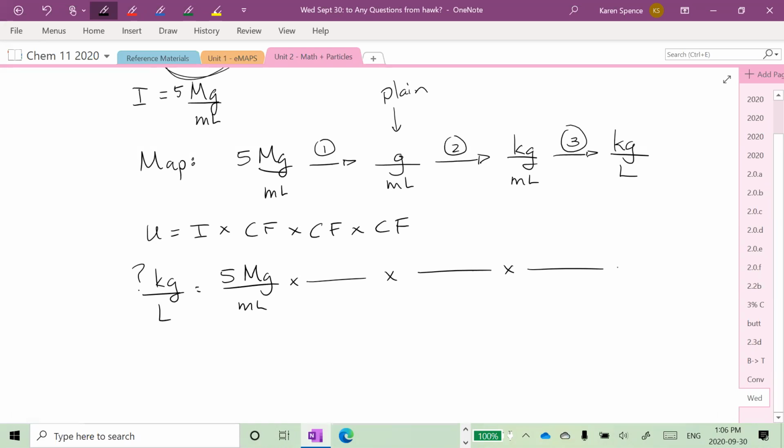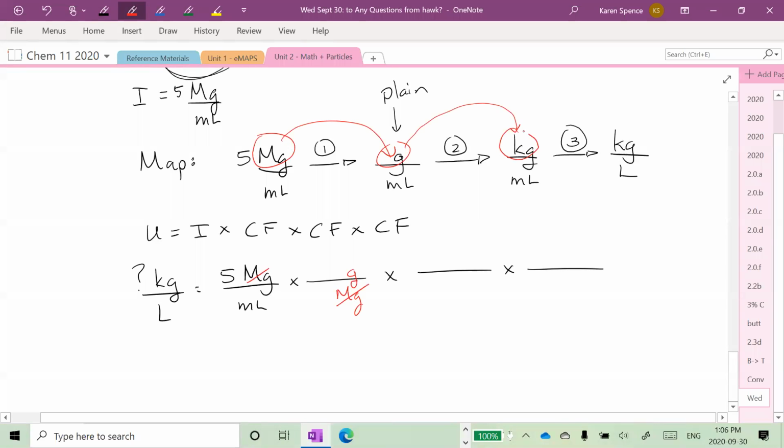And now we plug in our units. In the first one, I am converting from megagrams to grams. So I need to cancel megagrams, and I need to find grams. Next step, I'm going to go from grams to kilograms.